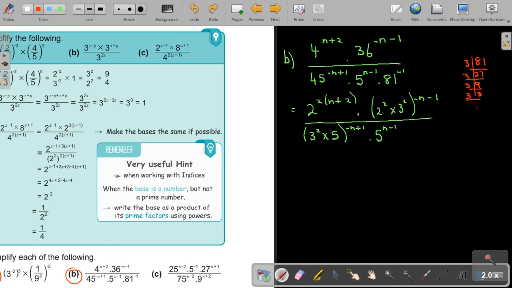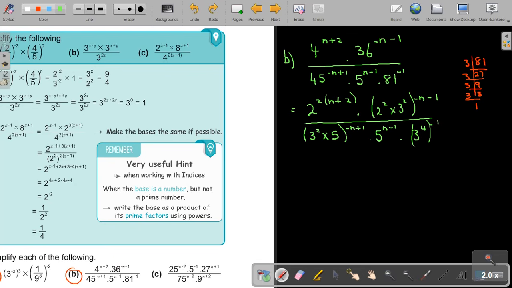So this will be 3 to the power of 4, and that will be to the power of negative 1. Okay, so then I'm just going to continue to the next list by multiplying everyone out.